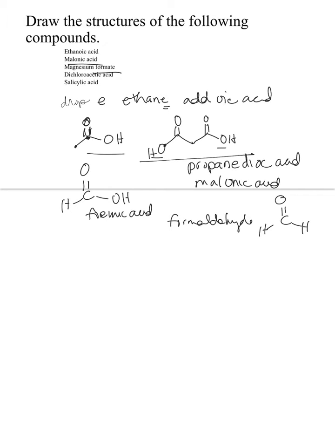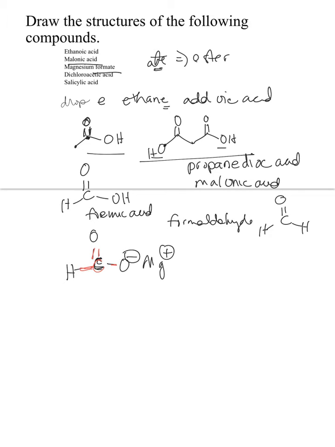So magnesium formate is an ester, a derivative of the carboxylic acid. So there's your carboxylic ester, and then the magnesium would be here. So you've got the plus minus, and then formate would just mean 1 carbon. And the carbon gets 4 bonds, right? So 1, 2, 3, 4. So that's magnesium formate.